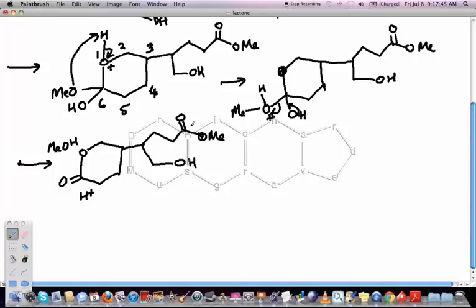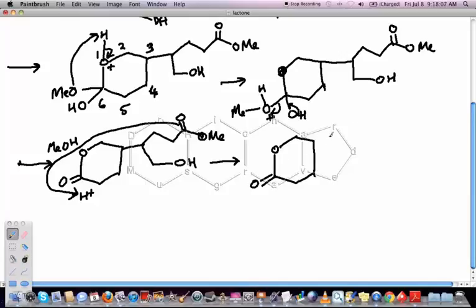And you can go ahead now and use this H plus to react with the C double bond O on the other side. And then we can have the cyclization.